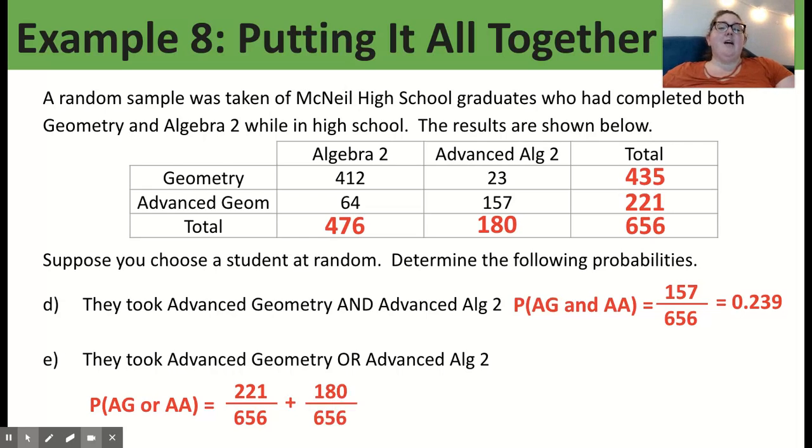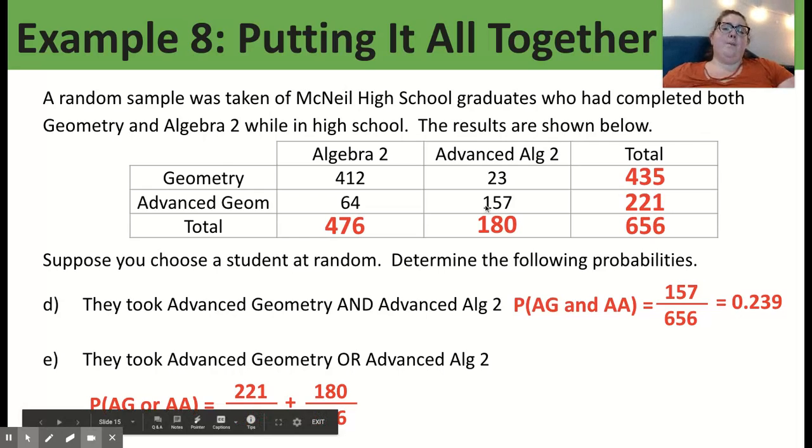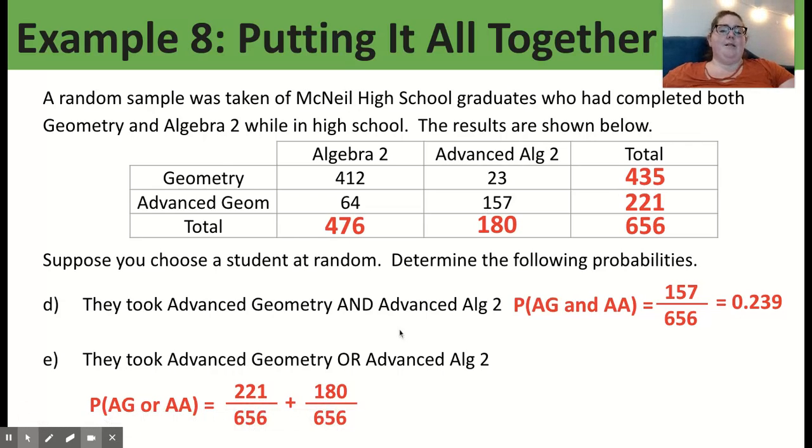But if I just stop there, those 157 who took both are part of both totals, so they're being counted twice. So I have to subtract the 157 out of 656 to make sure that we don't count anybody twice. That leaves me with 244 out of 656, which is 0.372.